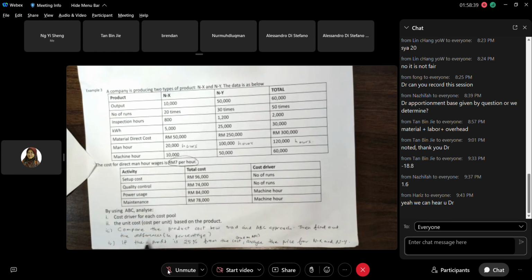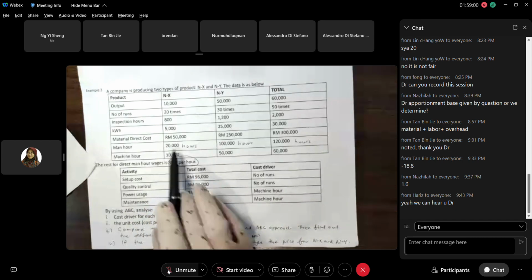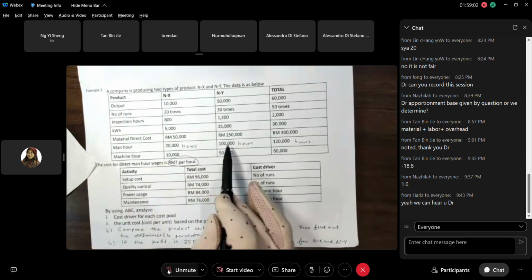Because if you use the traditional, you will always use machine hours. Always use machine hours for the traditional costing. Okay. So the number now is 332,000 divided by machine hours. The machine hours here is 20,000 plus 100,000.